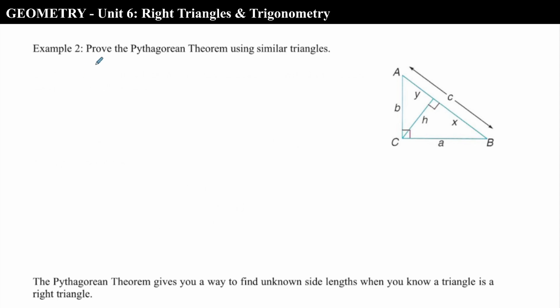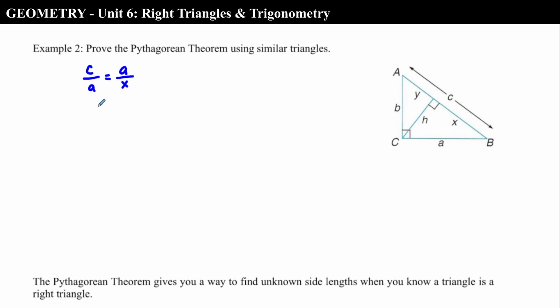So we can say that the hypotenuse of our big triangle, C, we can set that to the hypotenuse of our medium-sized triangle, which is A. Then we can compare A, which is the leg of our big triangle, to the longer leg of our medium-sized triangle, which is X.